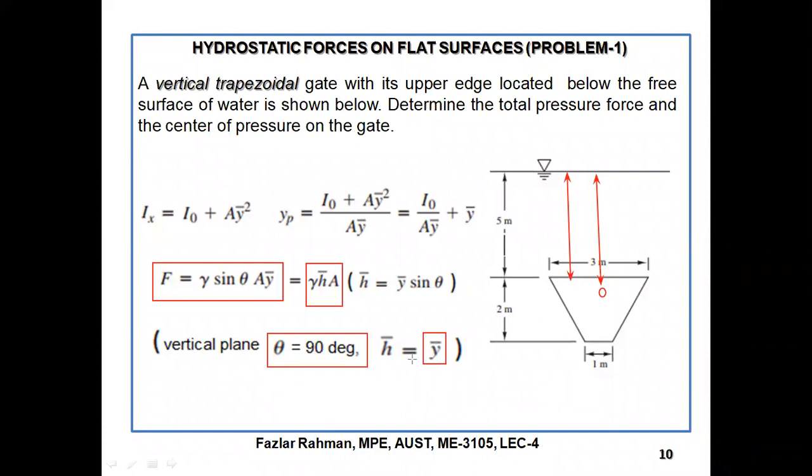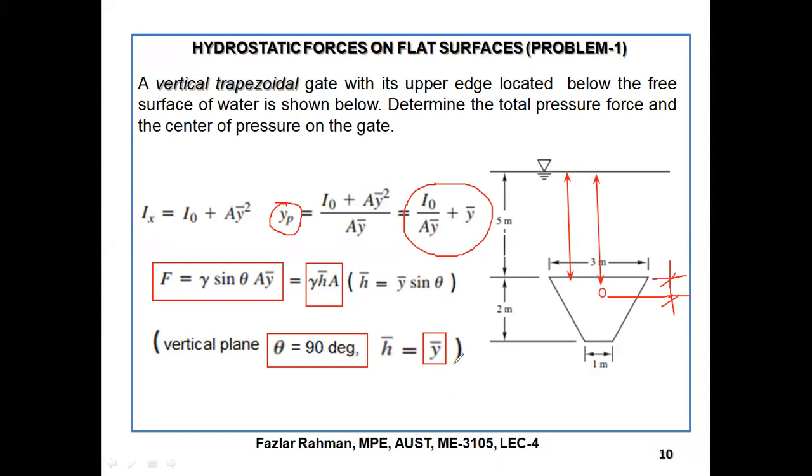So if you are able to calculate this distance by the formula for the location of CG, then this distance plus 5 will be the location of y bar. And how will we figure out the location of the center of pressure? Y_P equal to this formula, I naught over A y bar, plus y bar. Okay.